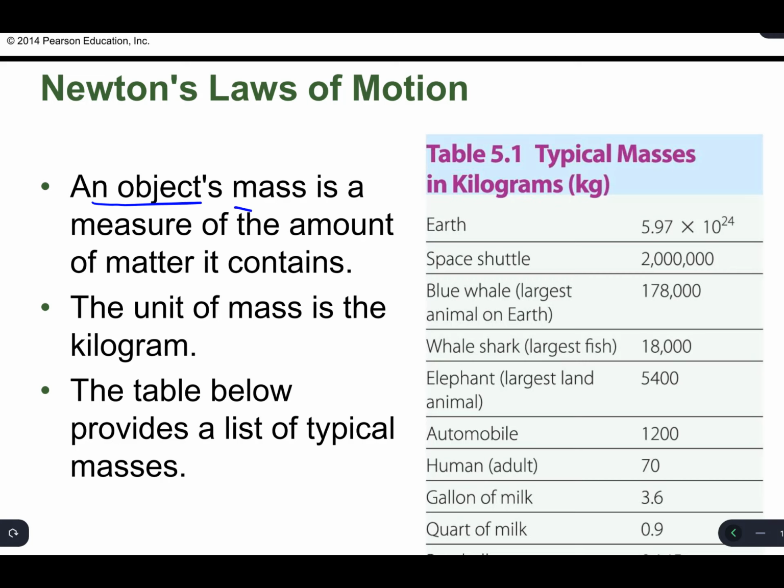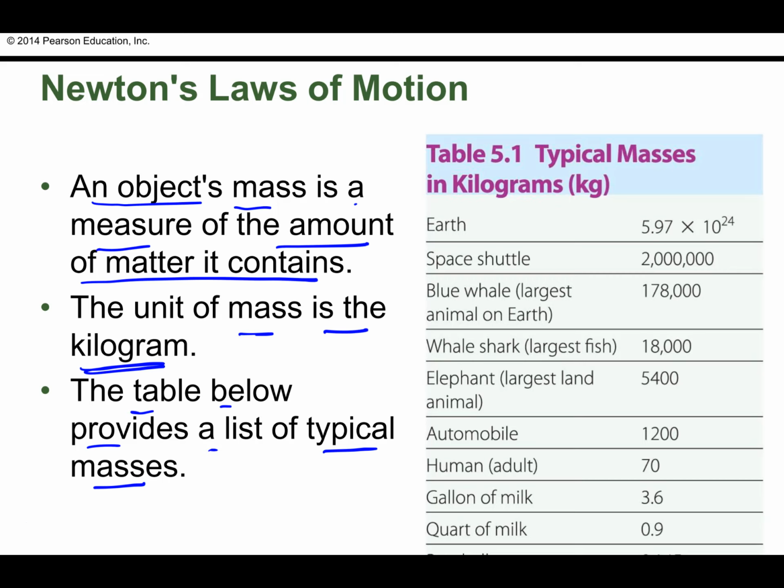An object's mass is a measure of the amount of matter it contains. The meaning of mass, guys, what is mass? The amount of matter in an object, and it is measured in kilograms. The unit of mass is the kilogram. Here the table below provides a list of typical masses.